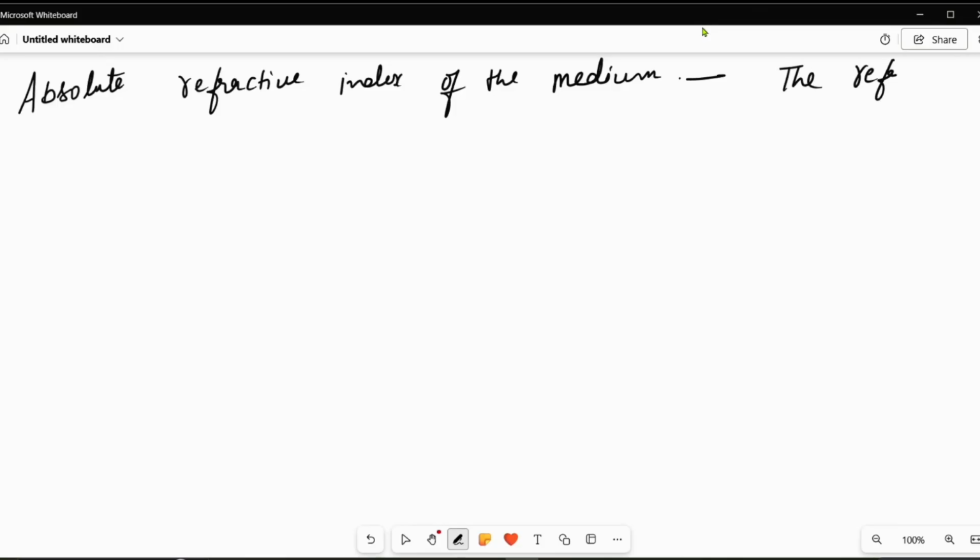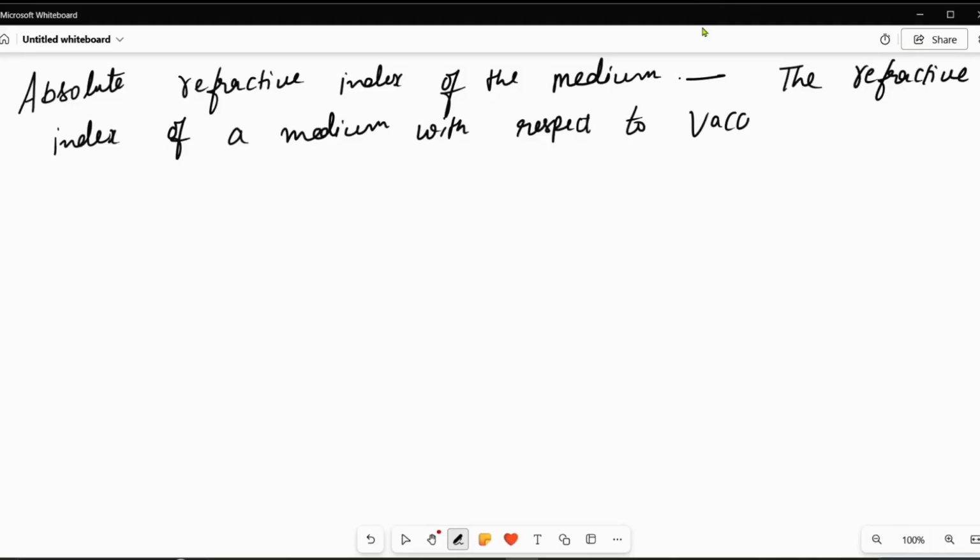The refractive index of a medium with respect to vacuum is called absolute refractive index.